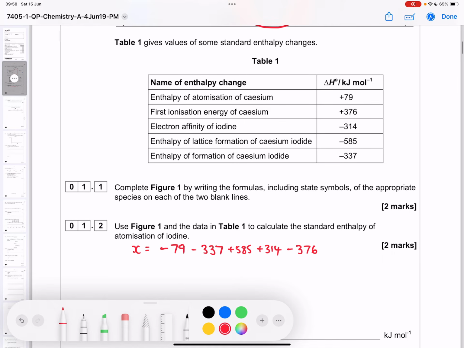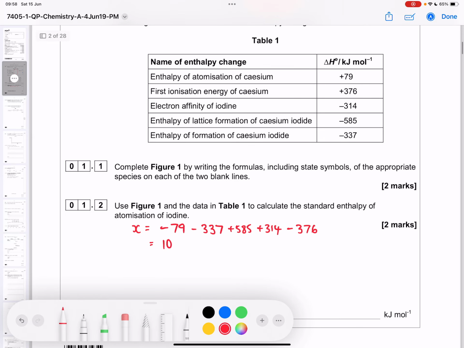And then I'm going to type all that in my calculator and see what I get. That comes to 107 kilojoules per mole. So the arrow X is 107.